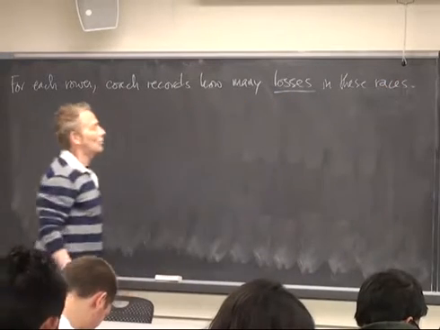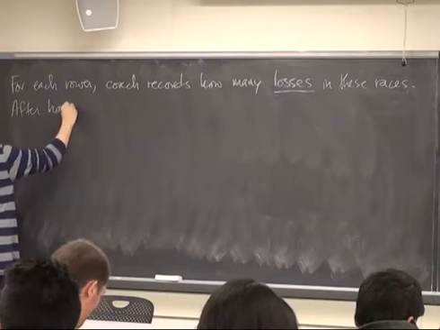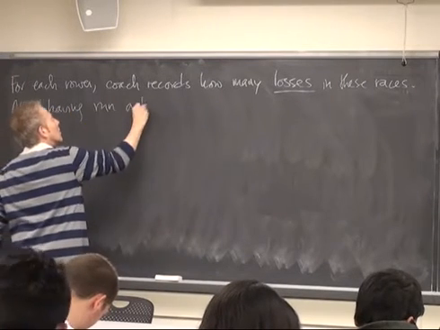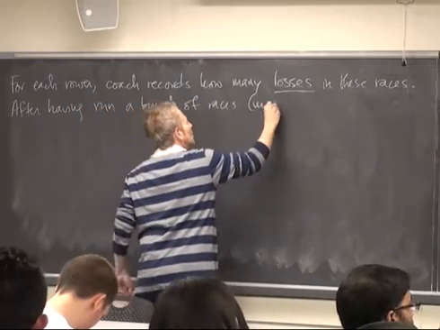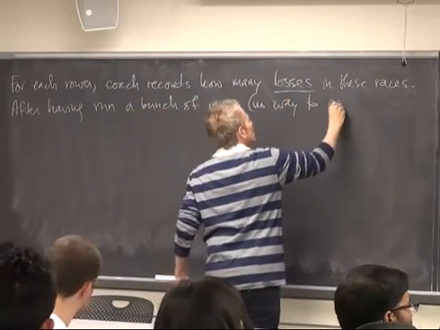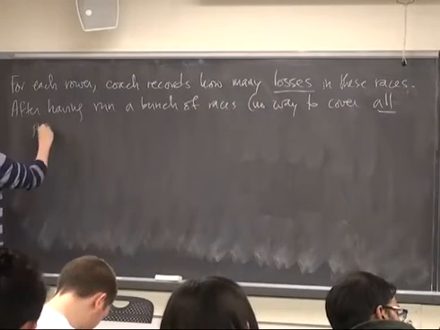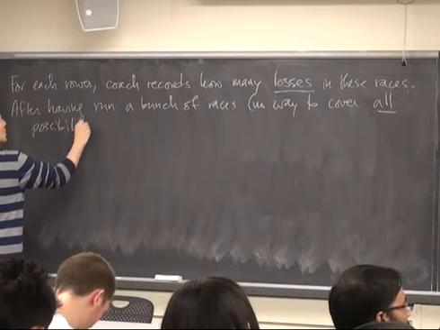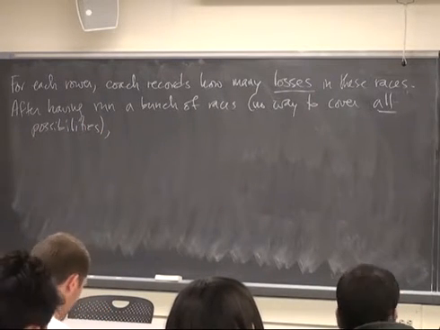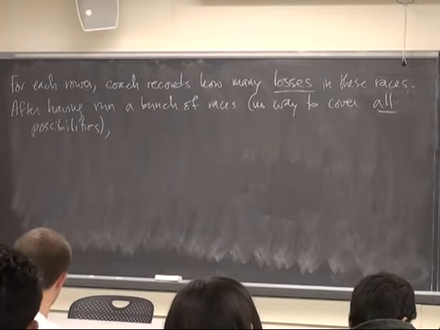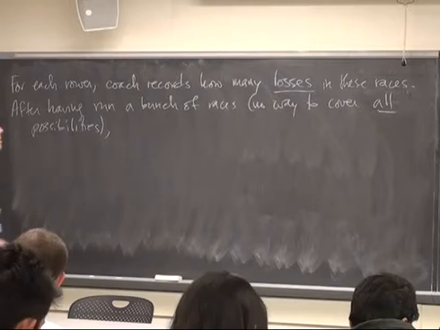And after having run a bunch of the races, there's no way to cover all the possibilities. What the coach does is he looks at all, say, the 2 rowers, and he cuts the 1 or 2 or 3, the ones that have the most losses.